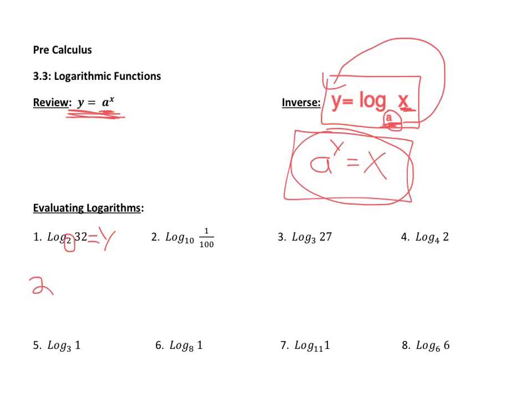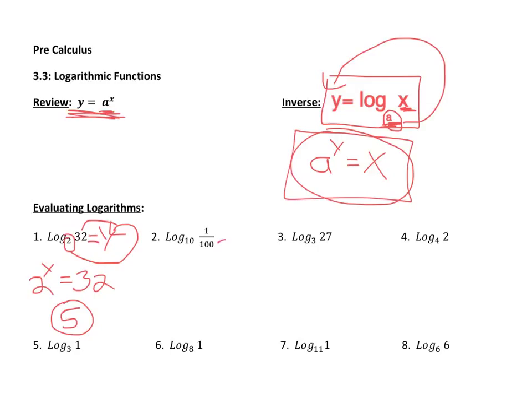I always use this little circle method to help me remember which is the exponent. So I go 2 to the y equals the argument, which is 32. So what that problem's asking me is, 2 to what power is 32? And since 2 to the 5th is 32, the answer to this problem is 5.